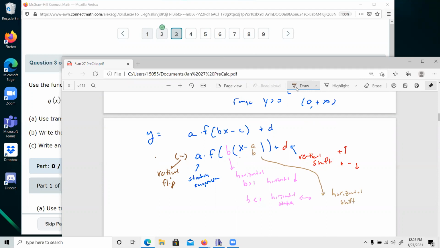So if there's 1 or 2, yeah, I'm going to use the transformations because it's easier to do that than it is to plot the points. But if you throw all of these things in here, it's like, no, I'm done. I'm just going to plot points. The hell with it. Okay. And again, if it was positive, right, it went to the left. If it was negative, it went to the right.